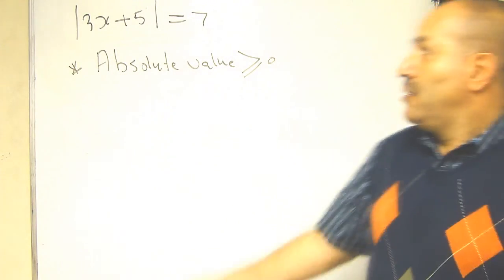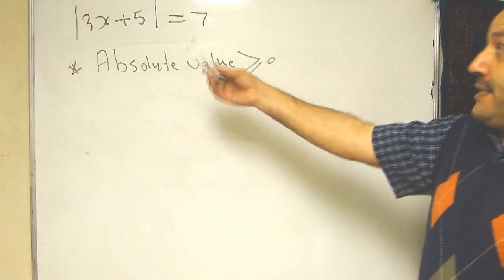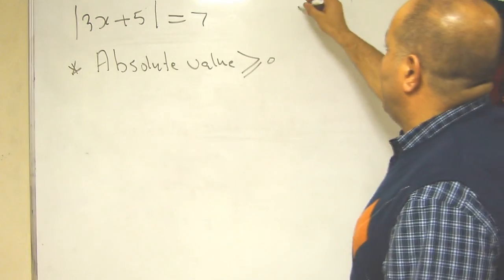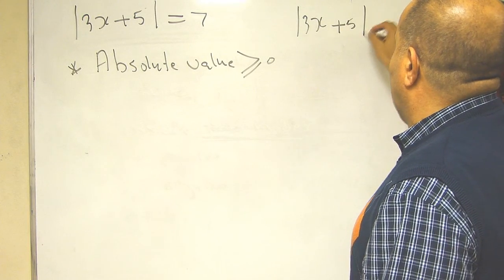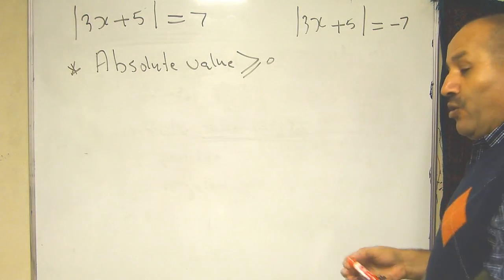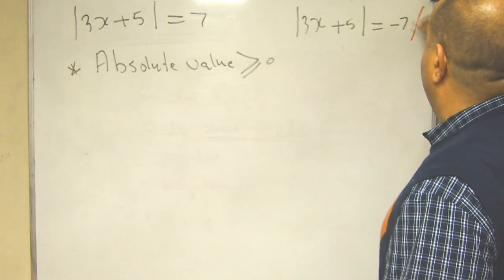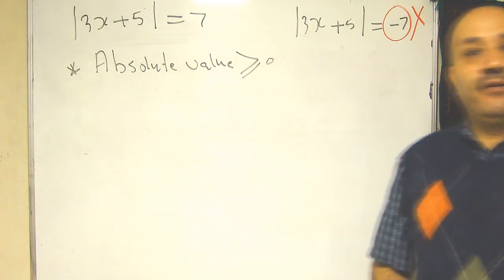So here, my answer is 7. It makes sense. Suppose we set 3x plus 5 equal minus 7. This cannot happen because this is negative.